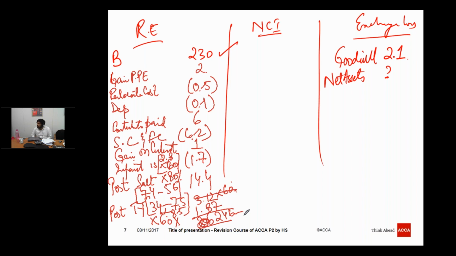So the incremental post-acquisition profit is 74 minus 56, and our share is 80% in that. So this is how we have calculated the post-acquisition profits of Salt, and then we have calculated the post-acquisition profit in Teisler, that is 34 minus 7.5 divided by 8.5 into 60%.